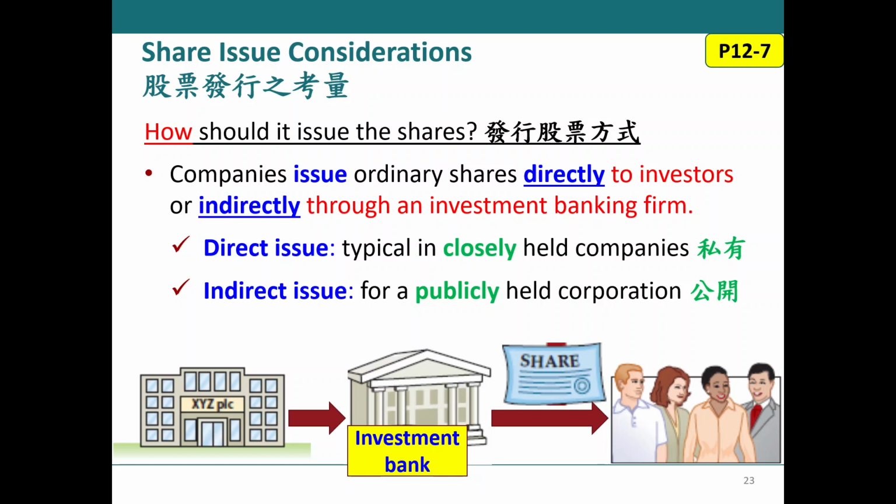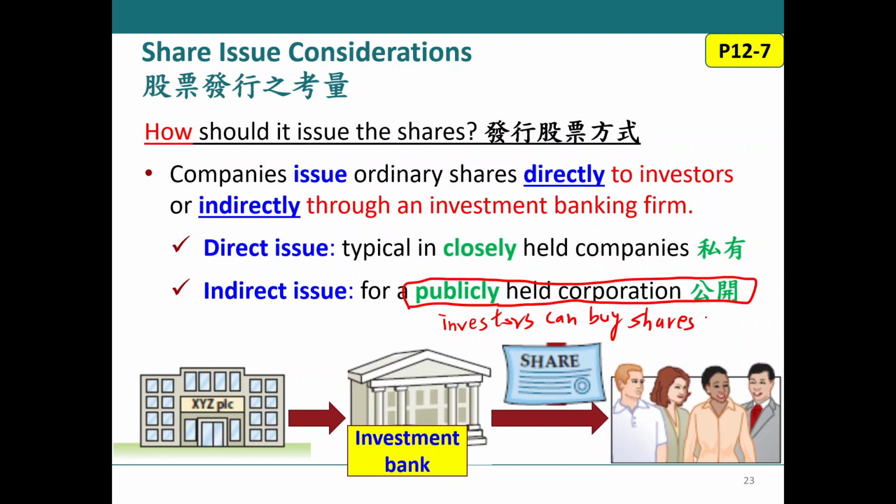So you will talk to your close friends and families directly. So usually the direct way is for closed companies, 非公开发行公司. So you cannot buy their shares in the market. Okay, so Apple and 台积电 are public companies, 公开发行公司, so investors can buy the shares in the market.